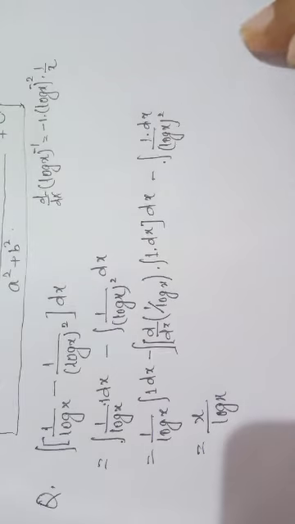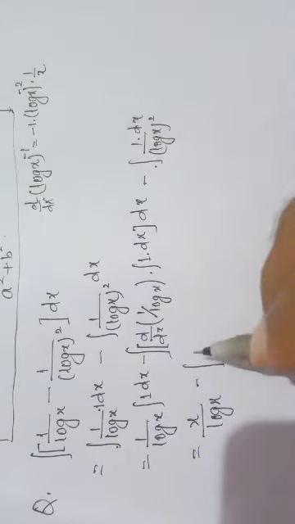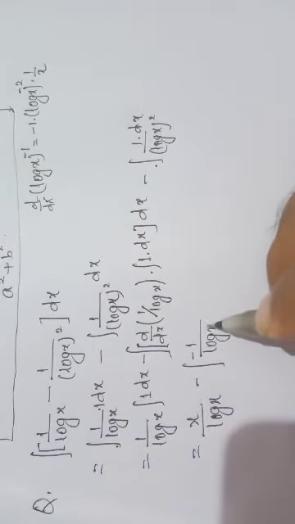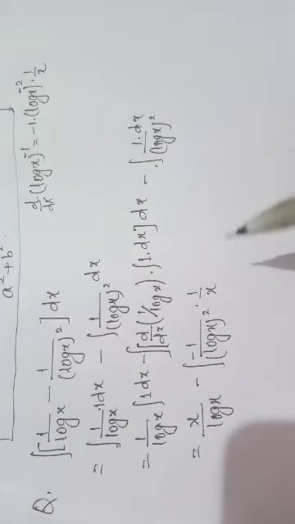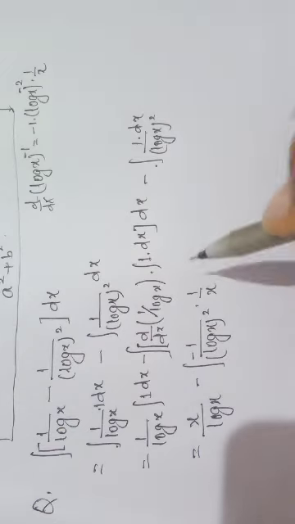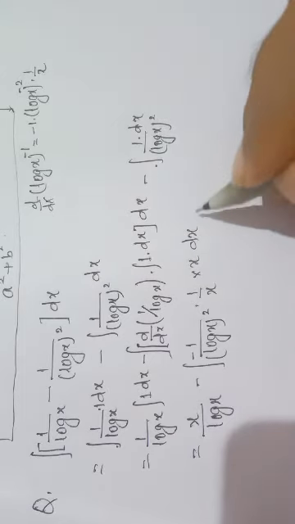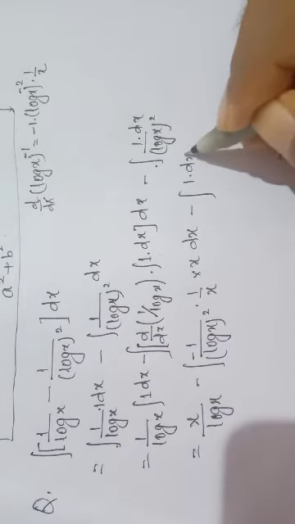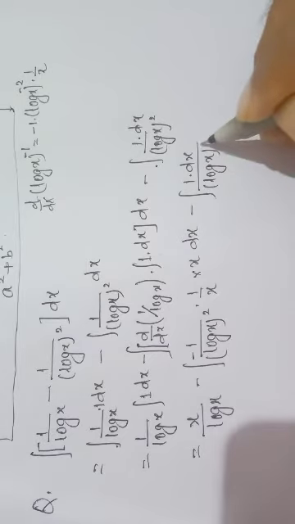So finally it should be written as minus 1 upon log x whole square into 1 by x, and integration of 1, which is x dx, minus the second part as usual, the integral of 1 upon log x whole square dx.